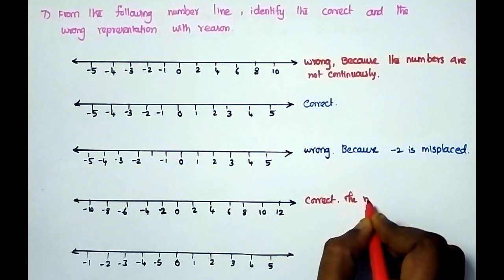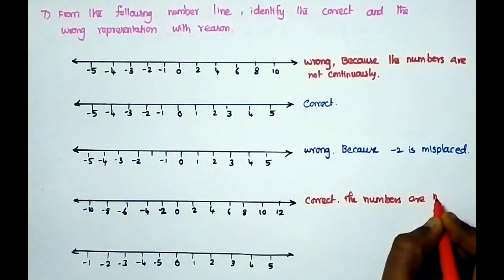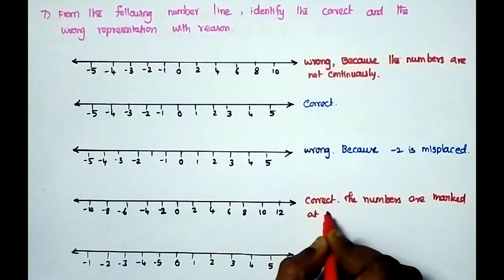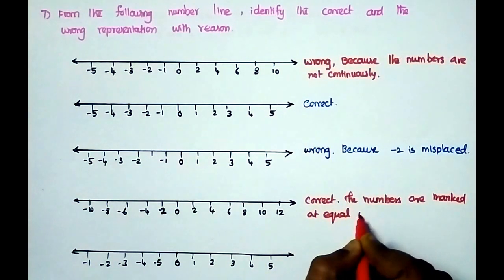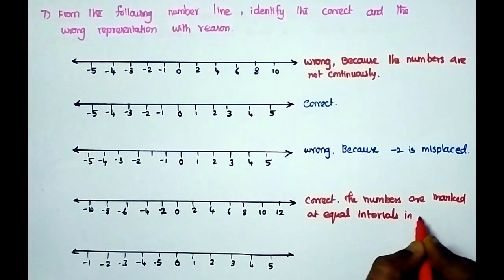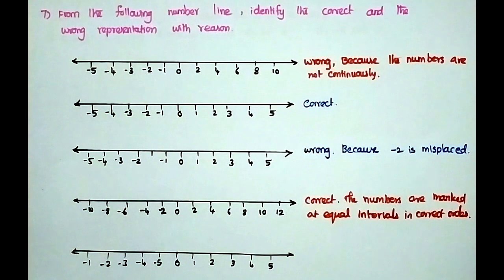The numbers are marked at equal interval, in correct order. Next one 0, here minus 1, minus 2, minus 3.